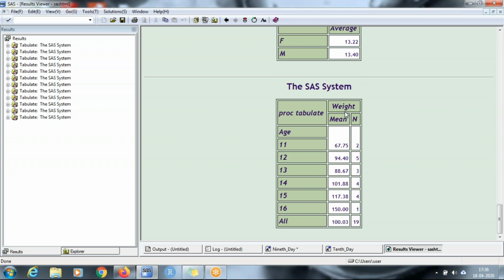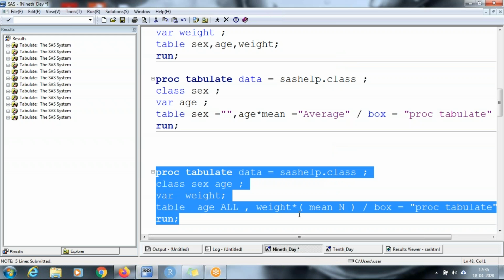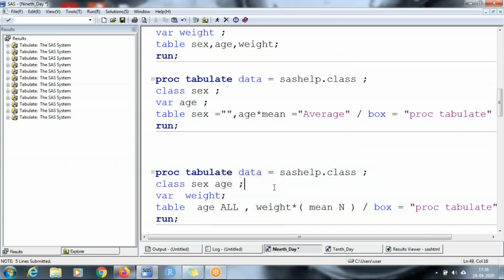So now you got the mean of weight and the count of weight, and this is the age variable which you defined at the rows place. Any question on this?